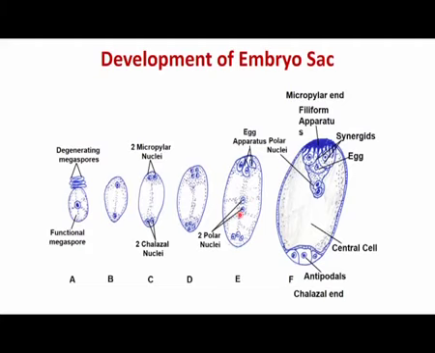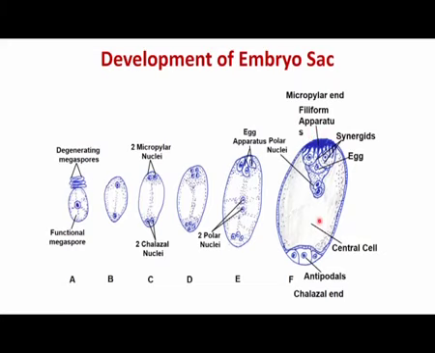They meet at the center and remain separate until the discharge of the male gamete, or fuse to form the diploid secondary nucleus of the central cell. So, this is the final embryo sac that you will see.